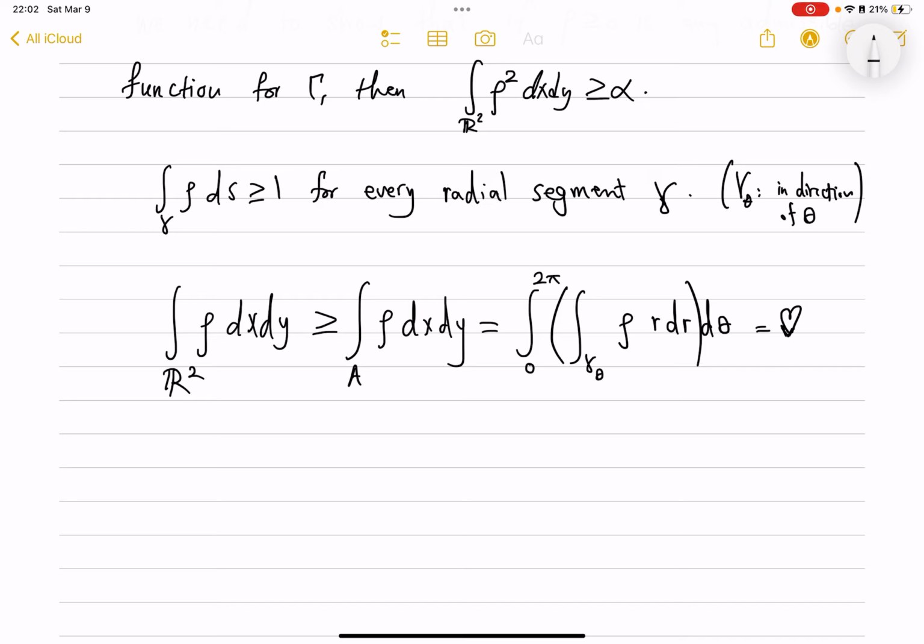So I know that this is bigger than 1, the integral of rho ds over gamma, which after these transformations will be rho dr in gamma direction theta. Ultimately I want to end up estimating rho r dr. So there is this r appearing here, and that doesn't exist here. So what I do is I bring in this r, and I also take that away.